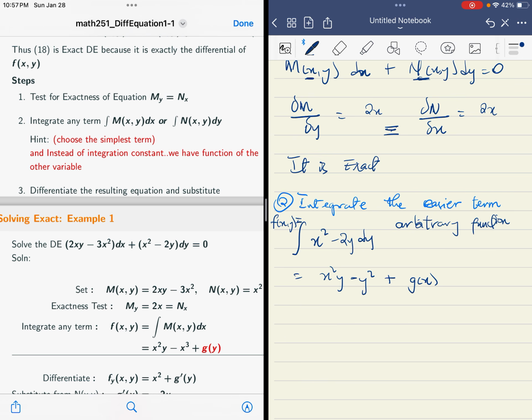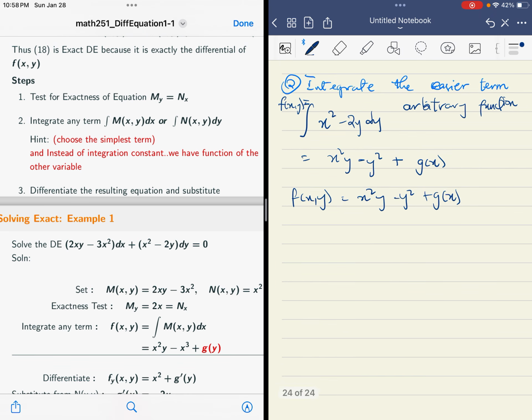So that means f of x,y equals x squared y minus y squared plus g of x. Now we need to find what this g of x actually is, because it's a function. We cannot have a solution containing another function, so we need to find what function it is.